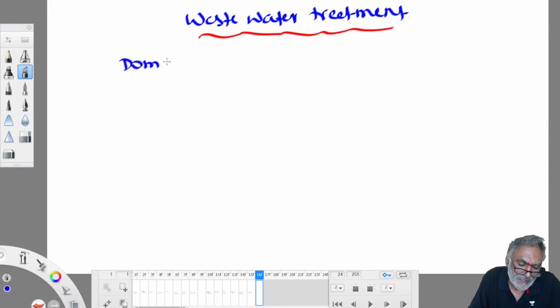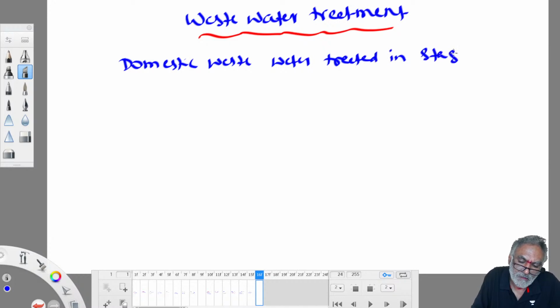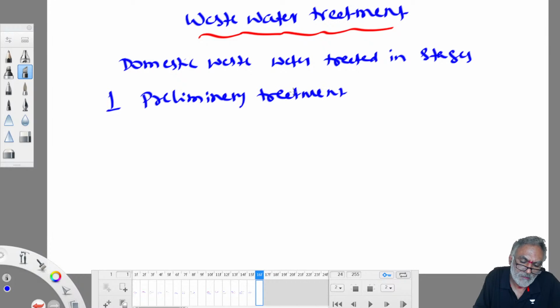Domestic wastewater is treated in stages. One is preliminary treatment. Second is primary treatment.